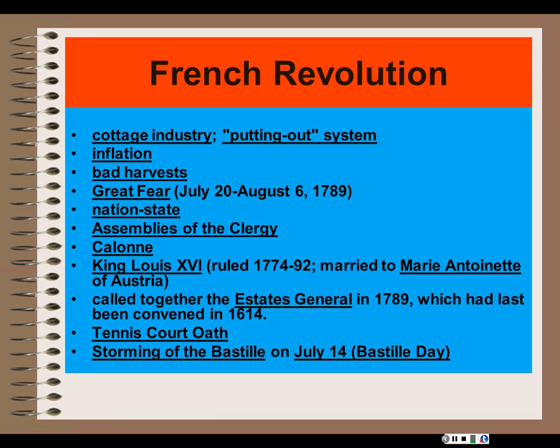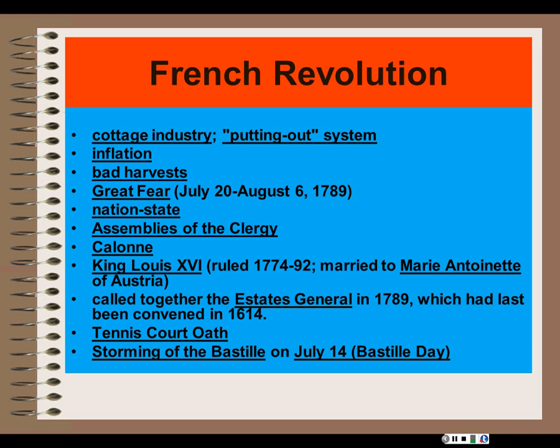All of this is going to lead to an understanding that there should be a new nation state in France, just like there were nation states in places like England.